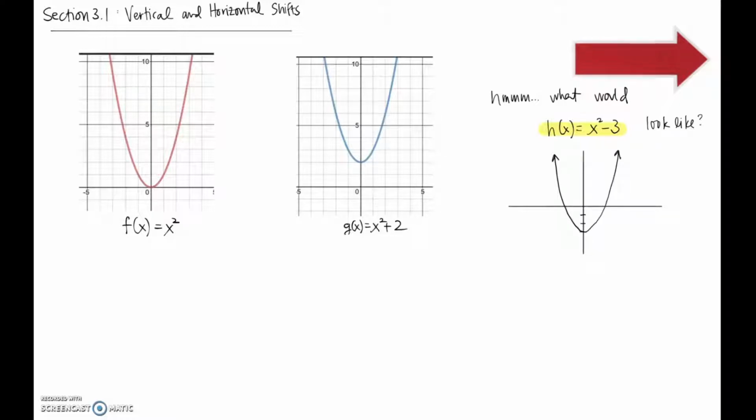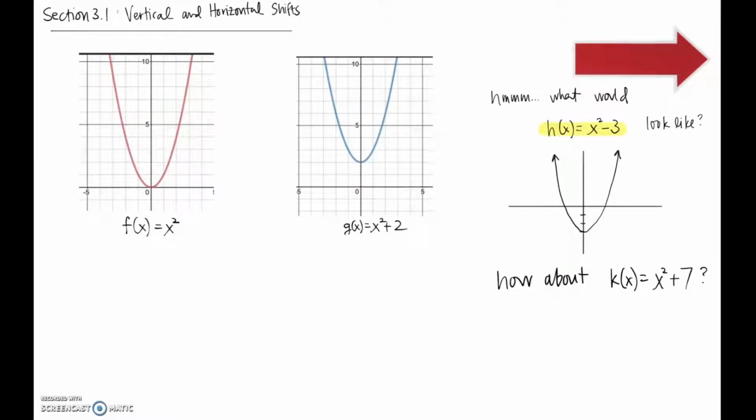And it is as if it shifted because this -3 right here is shifting things up and down. So just like this plus 2 that got added on at the end shifted the whole graph up 2 units, this -3 here is shifting the original graph, 1, 2, 3, down 3 units. It's like a rigid shift.